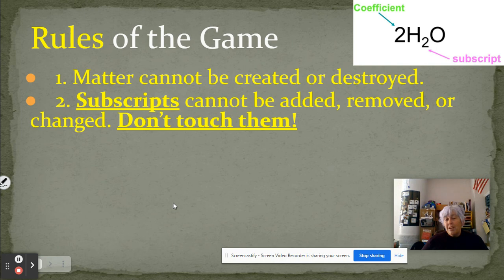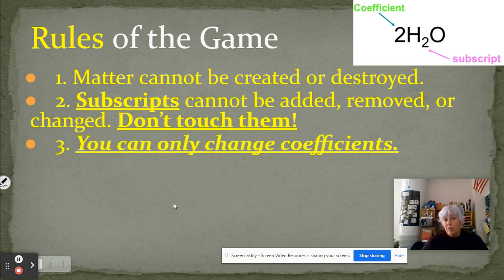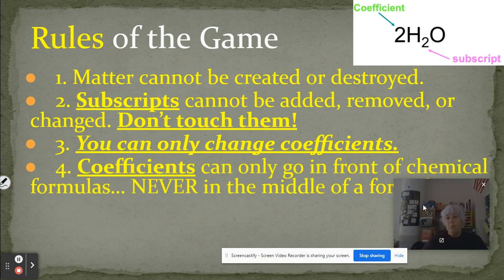So number 3 is honestly the only real rule. The only thing you can do when you're balancing equations is change the numbers in front. You can't put a number in between, you can't change the subscript. All you can do is change the numbers in front of the chemical formulas.